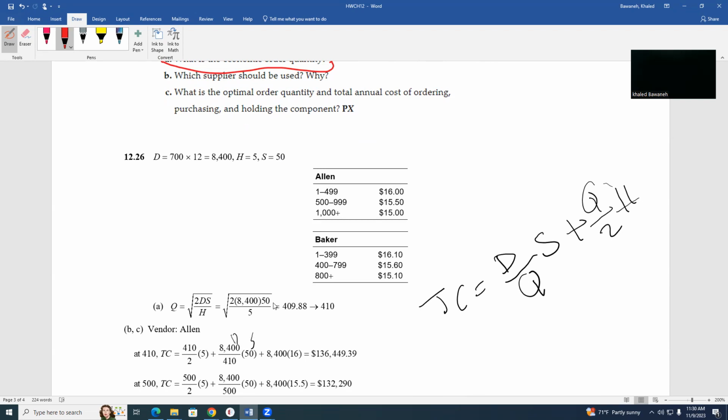Most of you, on the test or the quiz, will multiply 2 times 700 times 50 divided by 5, which is wrong. It's multiple choice, you find an answer and say, oh, it's there. So make sure you read the question twice.